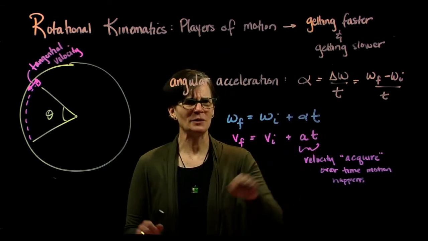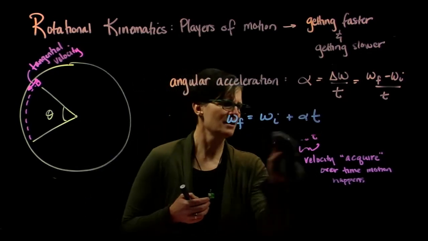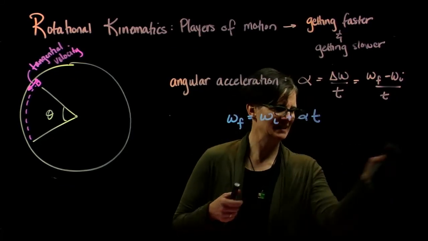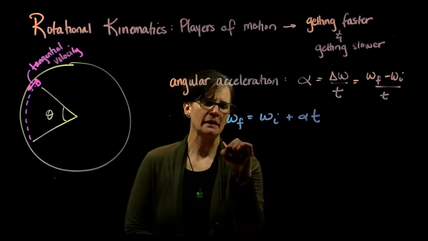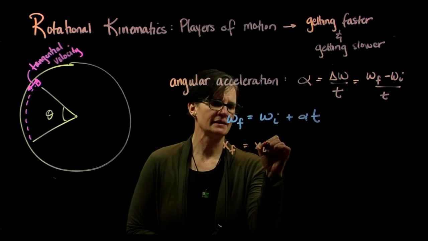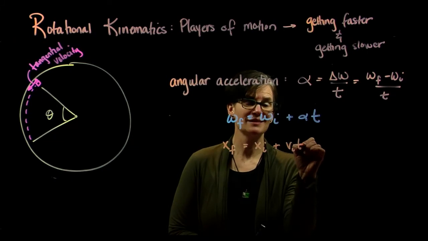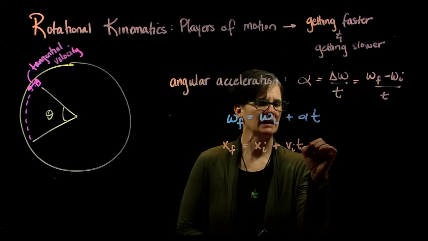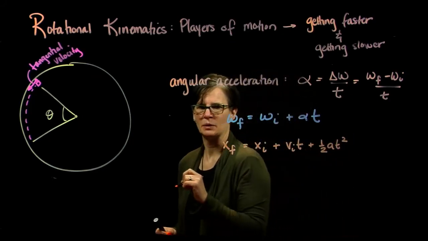Well, this wasn't the only equation of motion that we found powerful. We had another one. And that one also can translate. Remember, we said, well, if I want to know my final position, I need to know what my initial position is. I need to know my initial velocity because that's going to influence how fast I go instantly. And my acceleration plays a role.